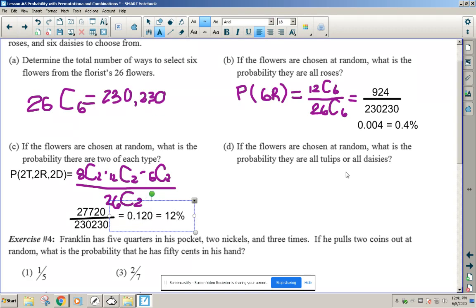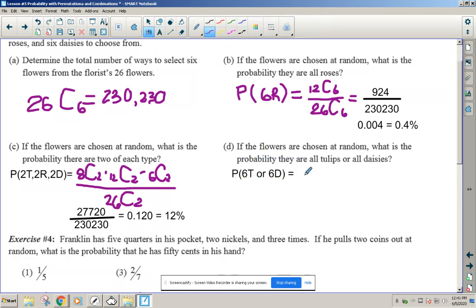Now, part D brings us all the way back to the lesson on probability because it gives us the word or. They want to know what is the probability that you have 6 tulips or 6 daisies. Now, if you remember, or means plus. So if I talk myself through what I want here, from my 8 tulips, I am going to choose 6.